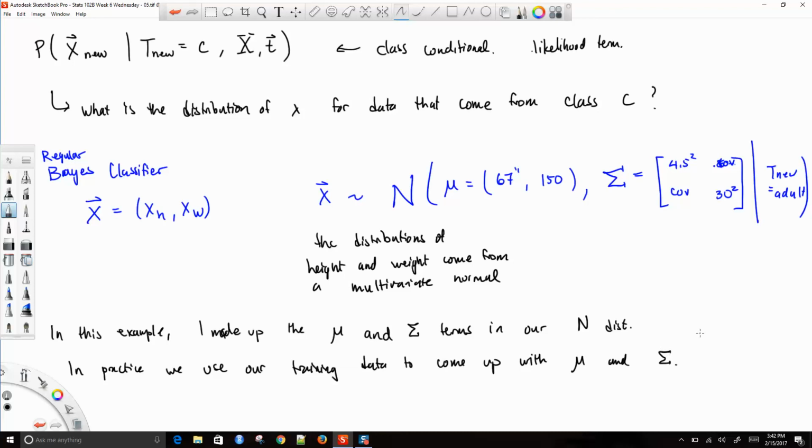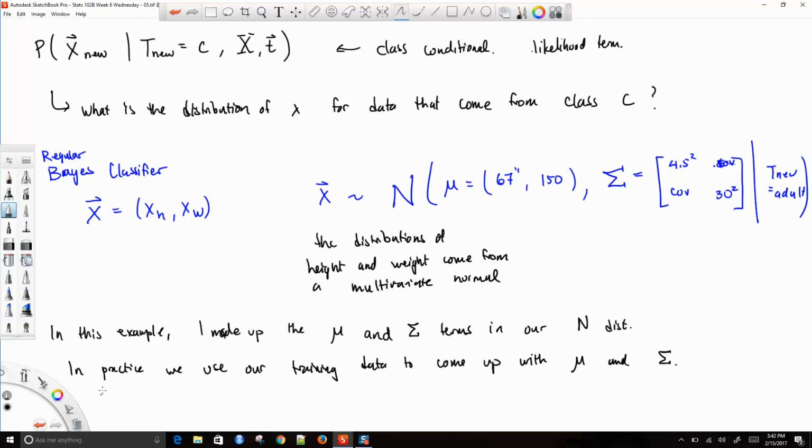And so we have a few options. Probably the most straightforward option is to use maximum likelihood estimates of the mean and the covariance matrix, the variance covariance matrix.